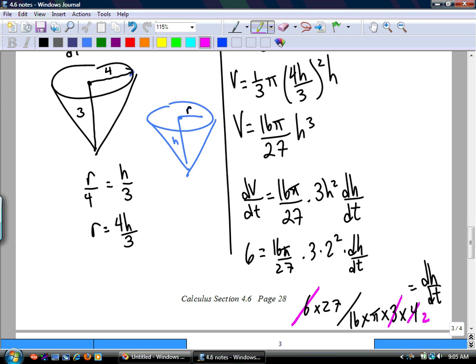Well, there's lots of ways of doing it. Yeah, it's 27 over 32 pi, is it not? I got that. Centimeters per second. Okay. Are we good?